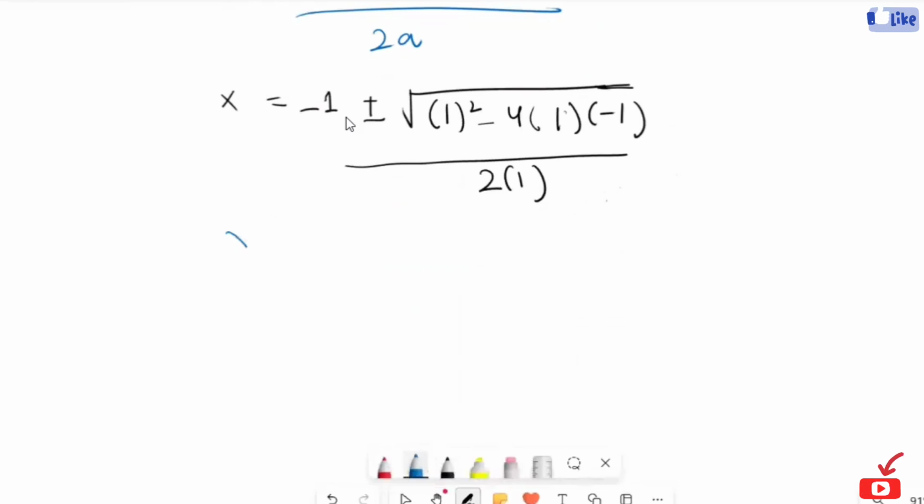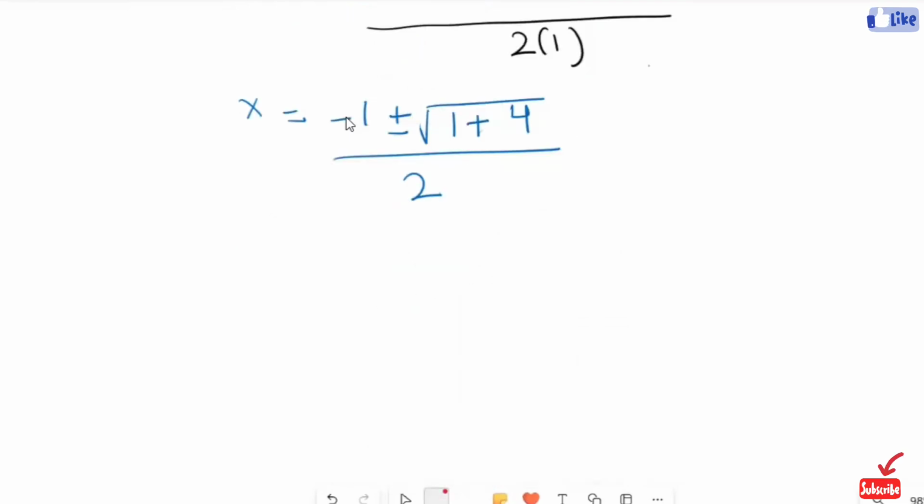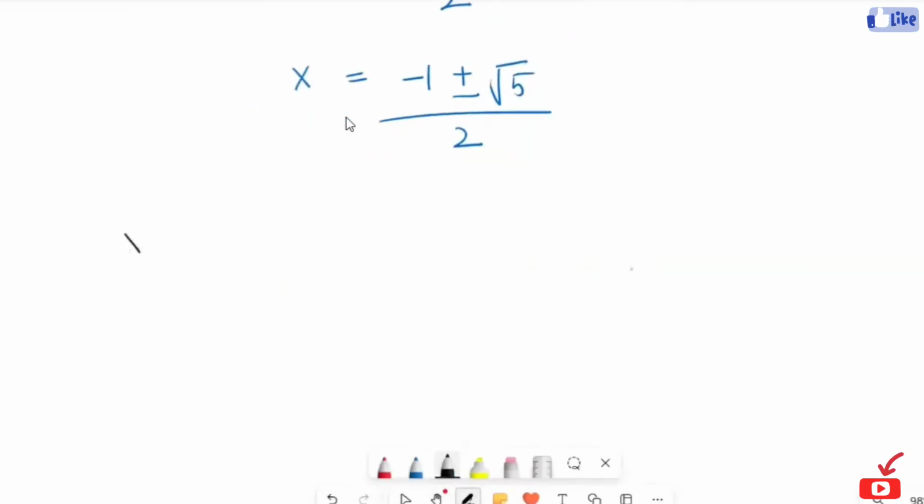It will turn to x = (−1 ± √(1 + 4))/2. As I simplify it further, it will turn to (−1 ± √5)/2. So x = (−1 + √5)/2, and x = (−1 − √5)/2.